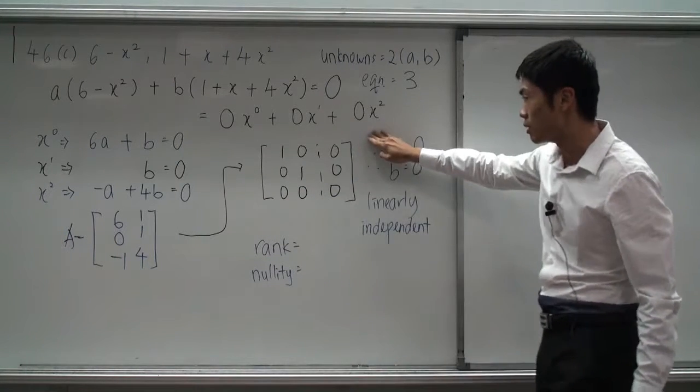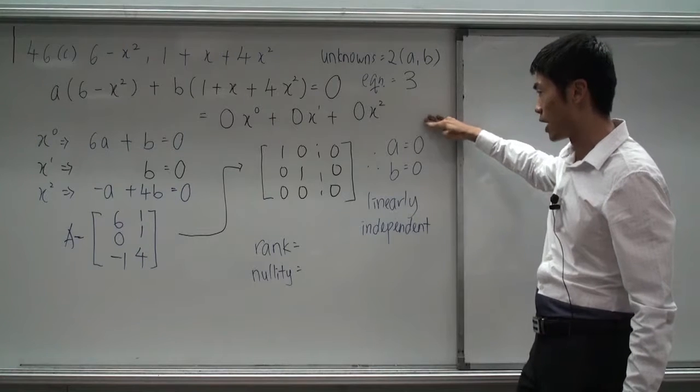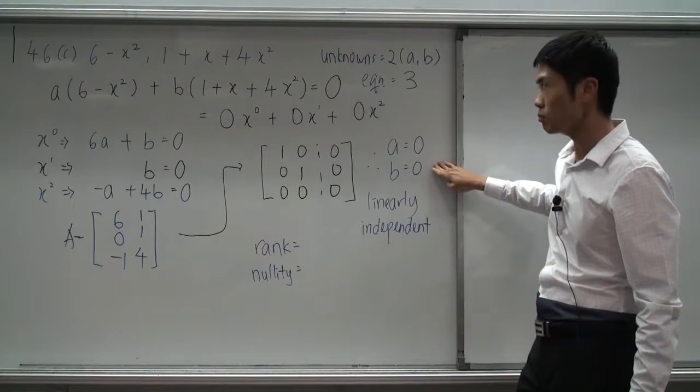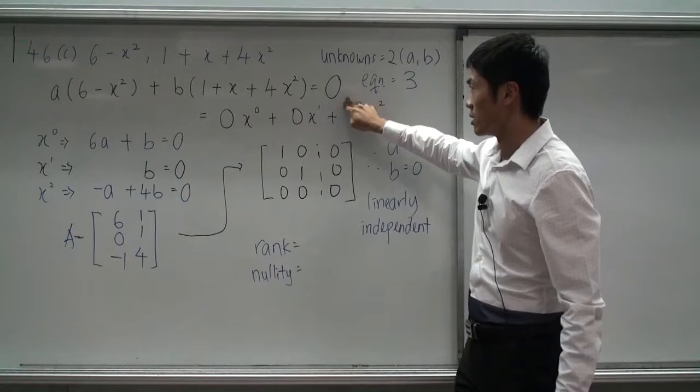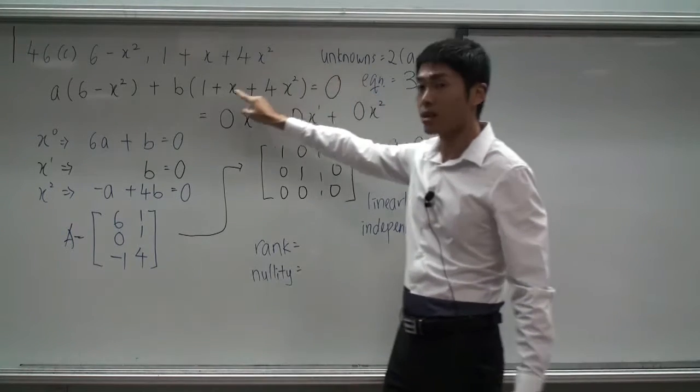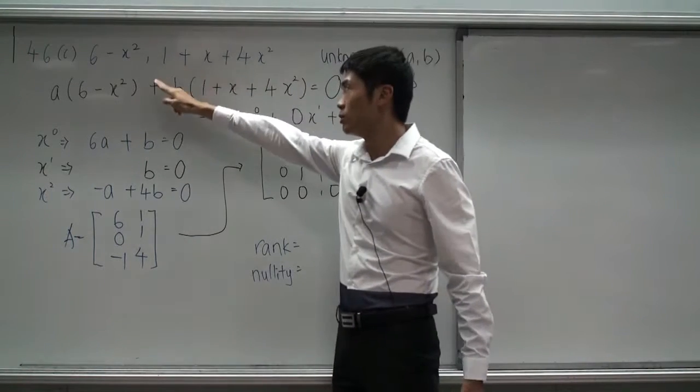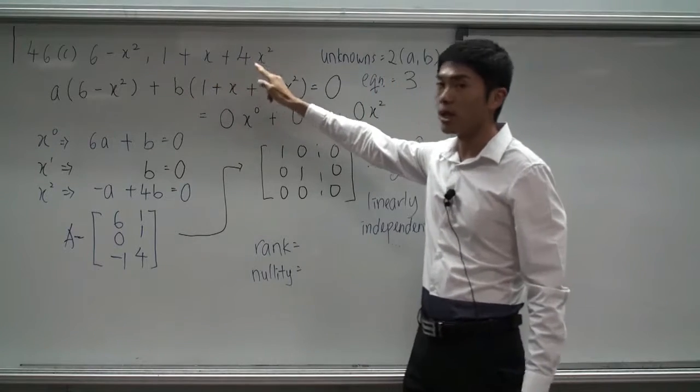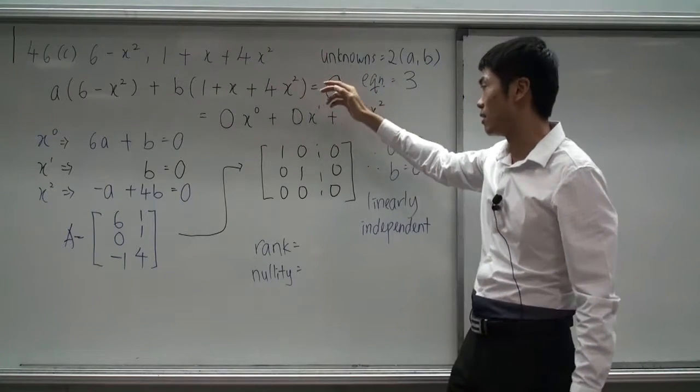So here you get a equals 0 and b equals 0, which proves that the two given polynomials are linearly independent.